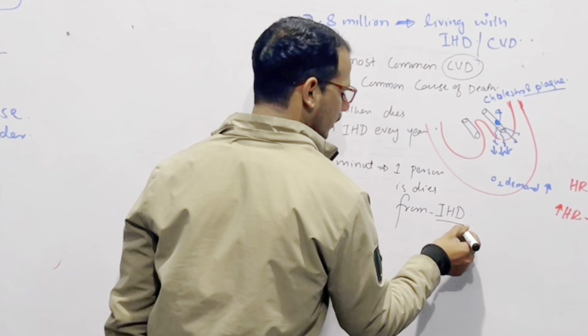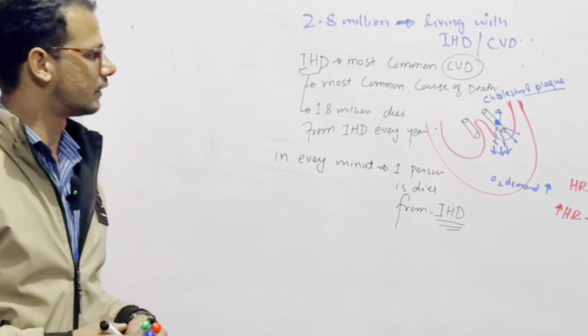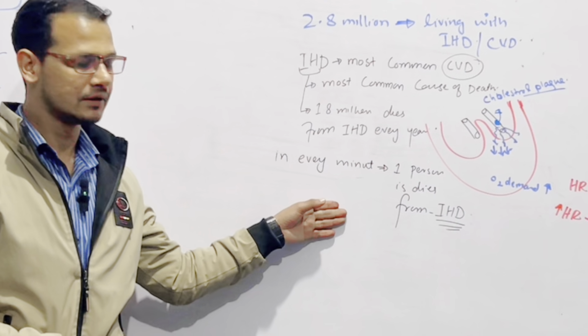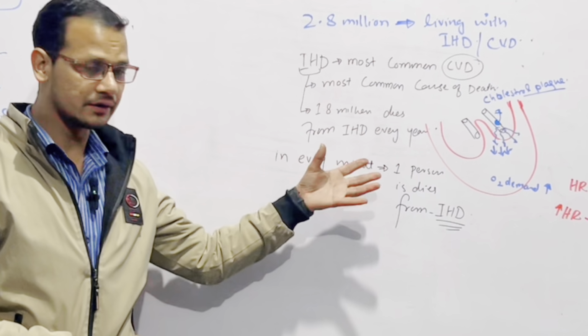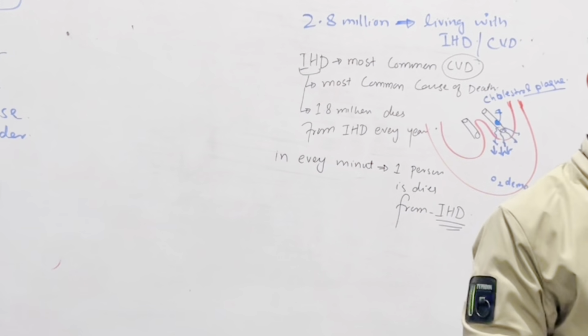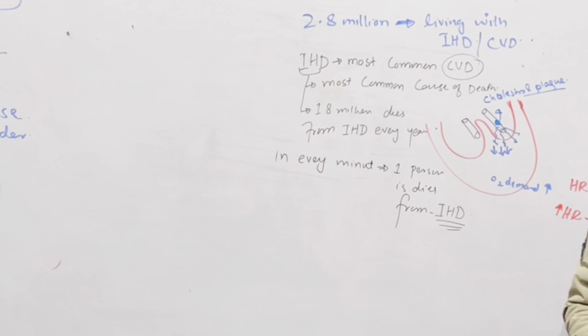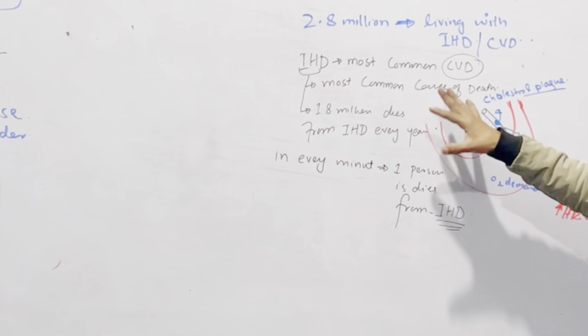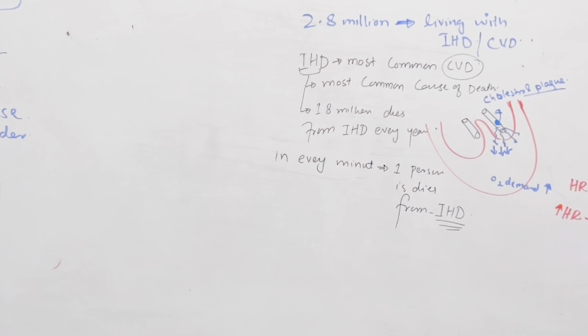This is a very major cause of death nowadays. Presently, in every minute there are a lot of people dying due to IHD, ischemic heart disease. So this is the epidemiological rate of ischemic heart disease.